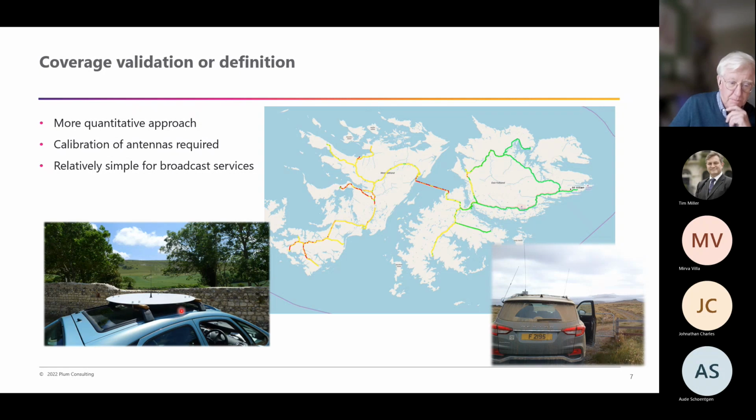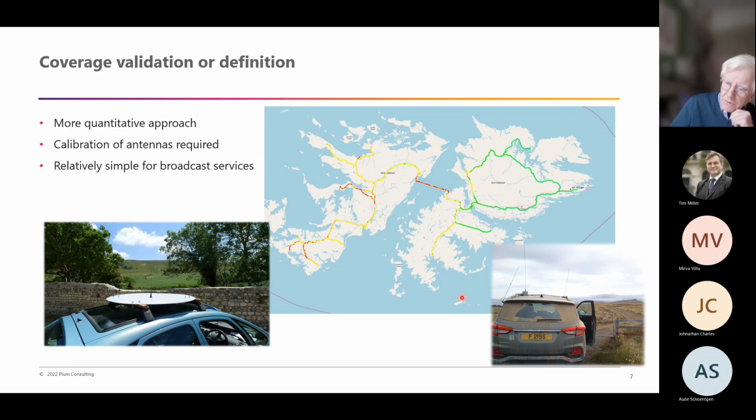So we've mounted this antenna on a well-defined metal surface here, so that we have a very repeatable antenna pattern that allows us to estimate the signal strength very precisely.